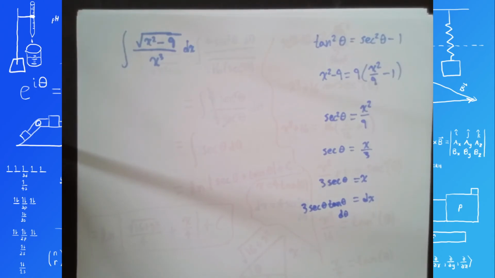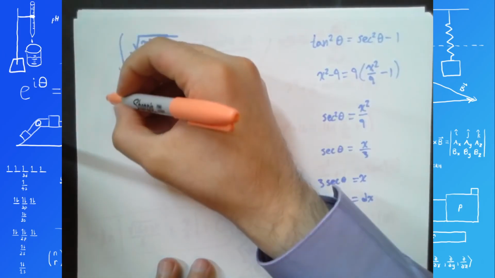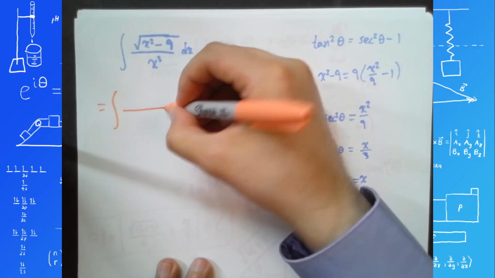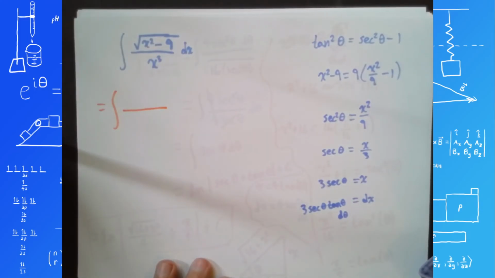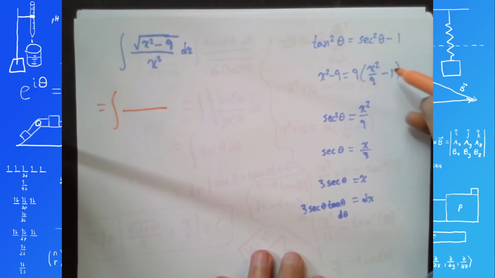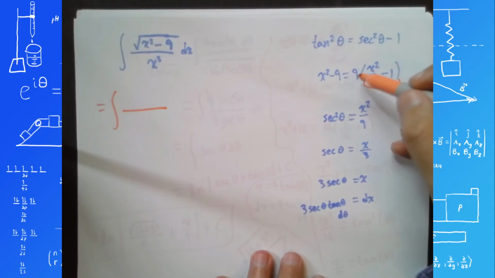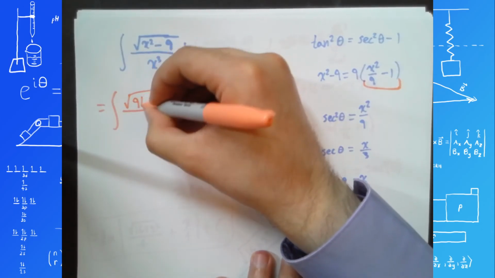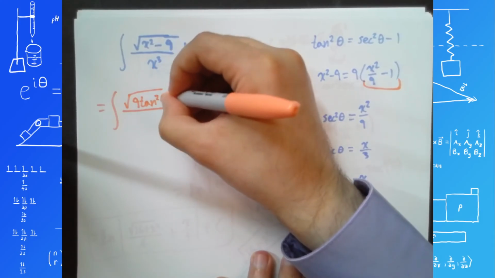Let's go ahead and make our substitutions. Integrate, let's see, square root of x squared minus 9. So this stuff became secant squared of theta minus 1, which is equivalent to tan squared of theta. So I've got the square root of 9 tan squared of theta.